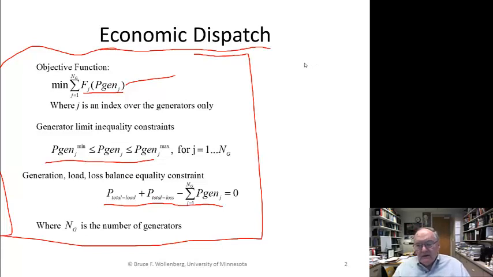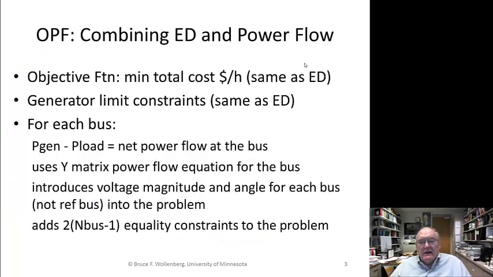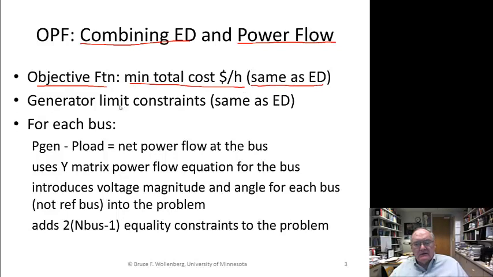Okay, that's economic dispatch. Now, what I'm going to do is combine economic dispatch and power flow. I'm going to combine the two. The objective function, well, minimize total cost, just the same as in economic dispatch.